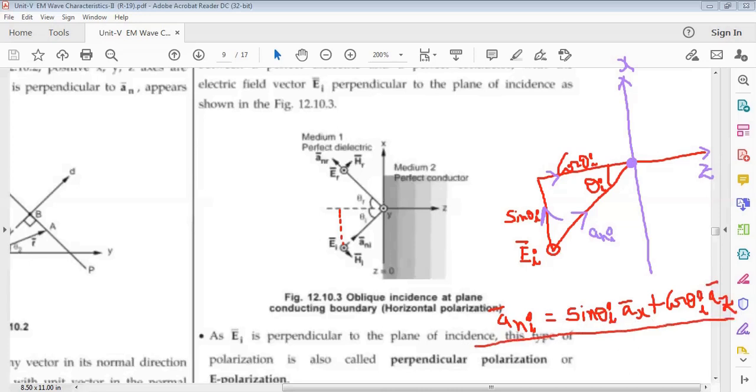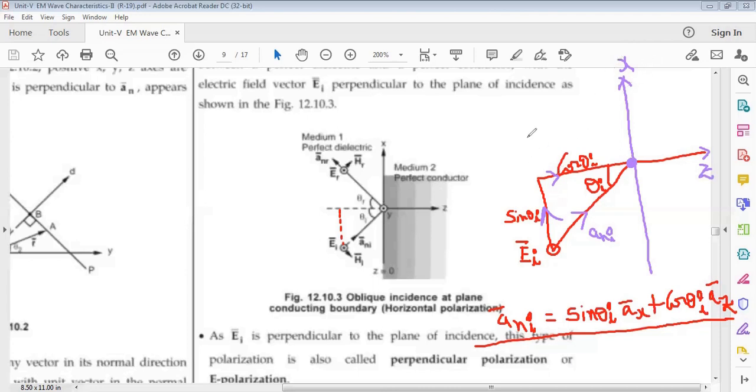ANI bar is equal to, draw a line from here, and sine theta is the opposite side of theta I, and the adjacent side is cos theta I. So we start from the incident point, where we incident the beam obliquely with an angle of theta I, and sine theta I is multiplied with the direction AX bar.